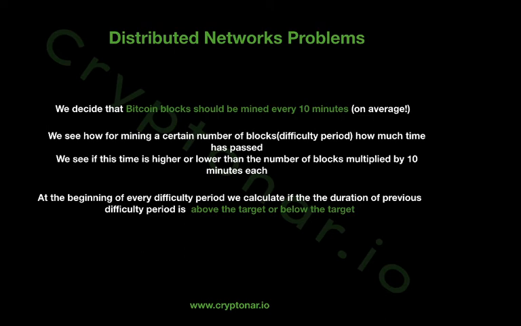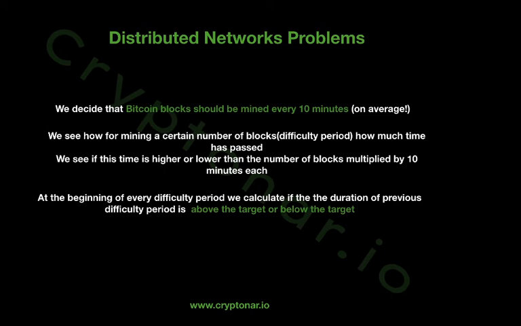And so what we can do is divide the time into periods. We can say, let's take this chunk of time, and if in this chunk of time we want a block every 10 minutes, then we get the number of blocks that there would supposedly be in this time.